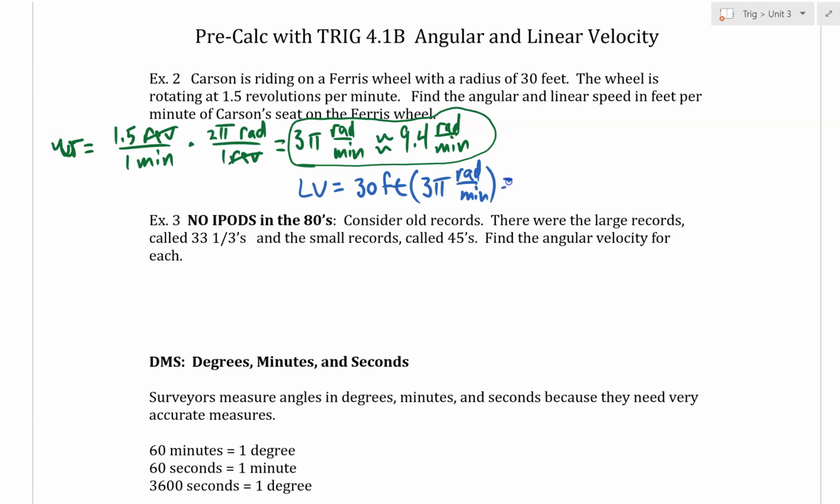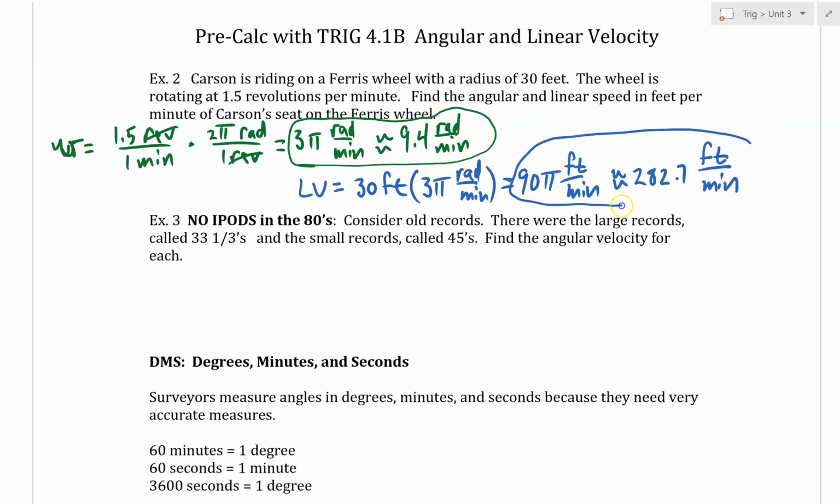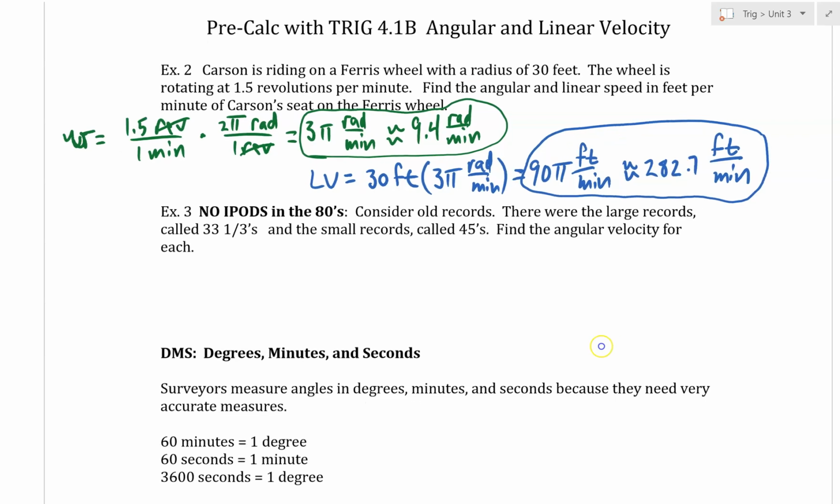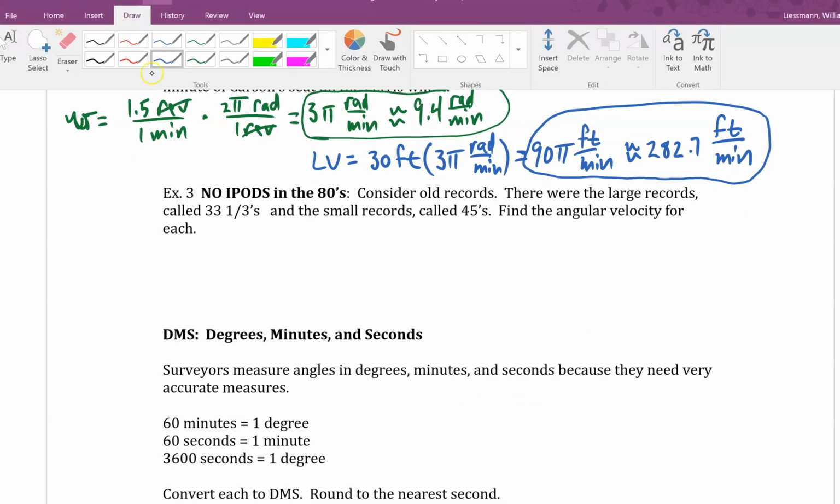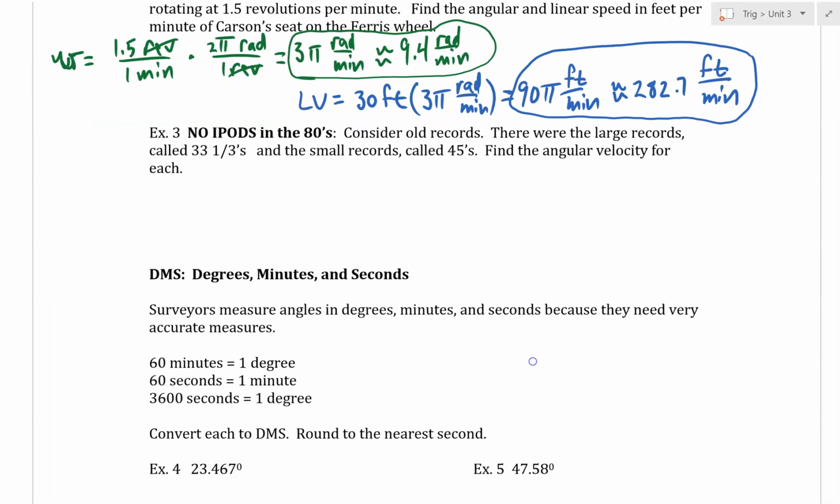That's going to give us an answer here of 90 pi feet per minute, which is approximately 282.7 feet per minute. That was the same answer we had in the last part. Hopefully we see that working, angular versus linear velocity.